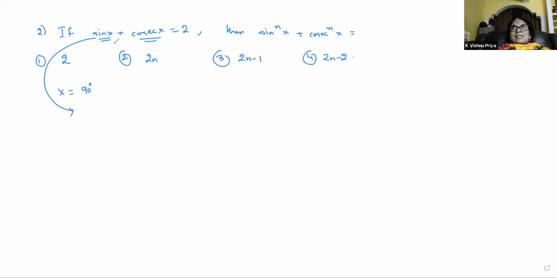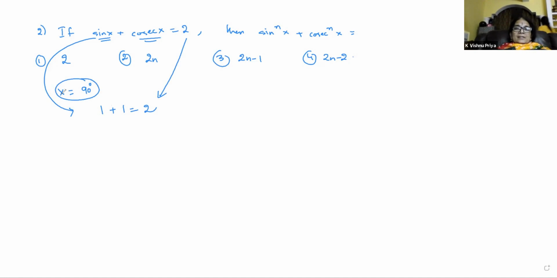What is sine 90 degrees? 1. Plus, what is cosecant 90 degrees? That is also 1. And so you are getting 2. They also gave 2. That means what you took is correct. You have taken x equal to 90 degrees and that is working well for you.